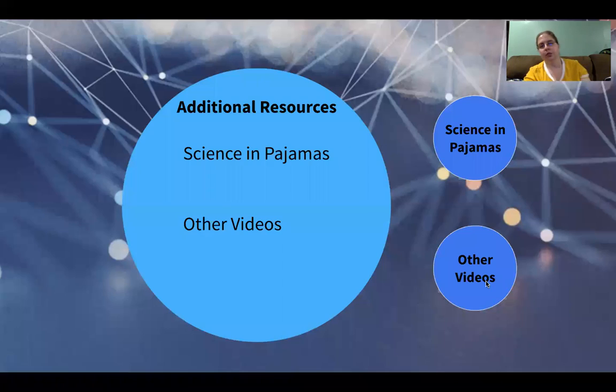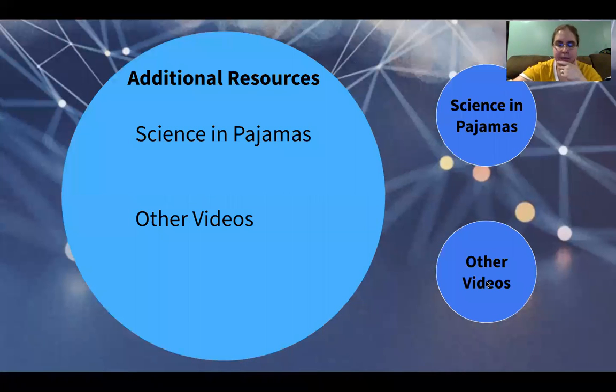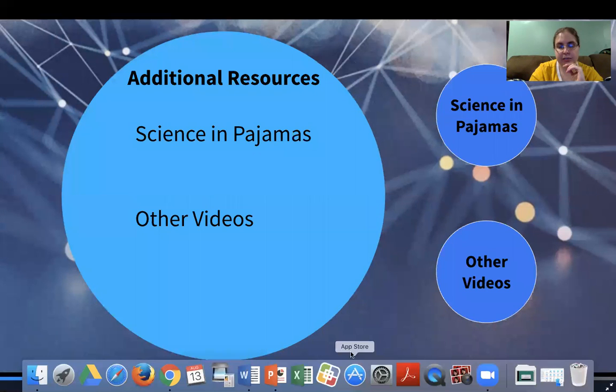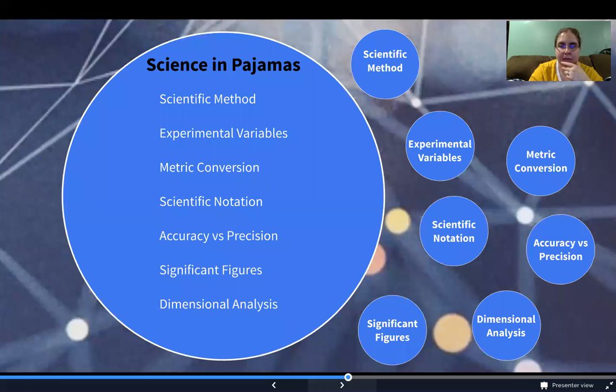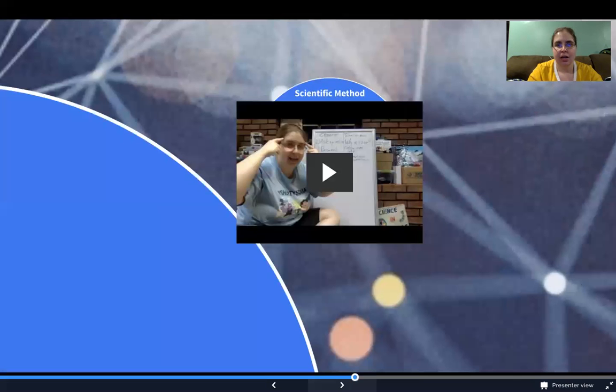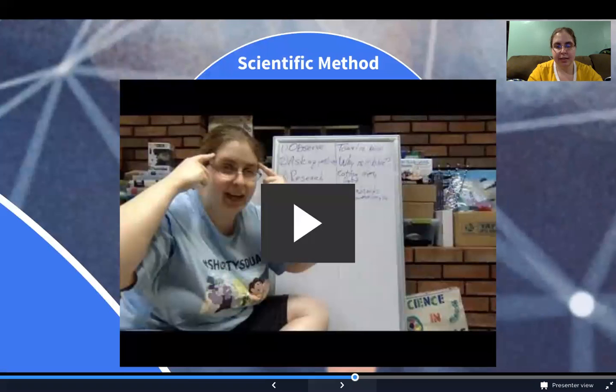All right, now here are those additional resources that we mentioned. The Science in Pajamas ones are actually videos that I make myself. So I'm not going to go all the way into them, just show you a little bit. We're not going to watch them here in this video. I have one on the scientific method.